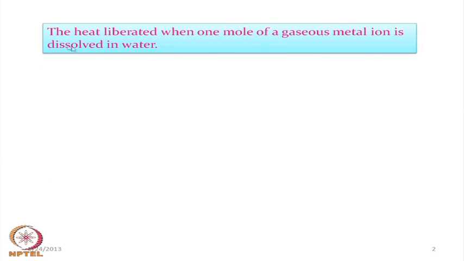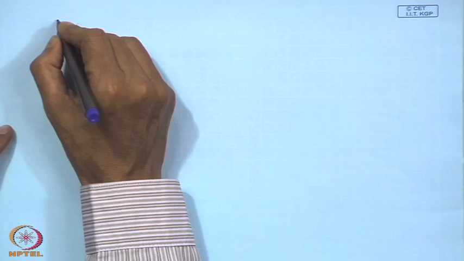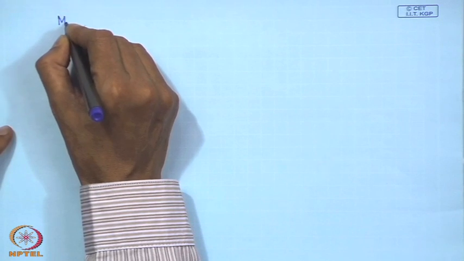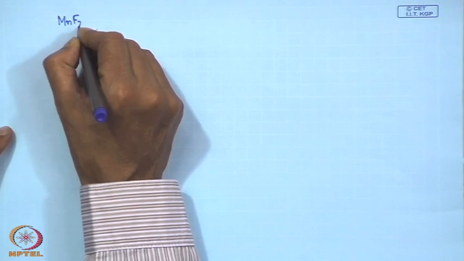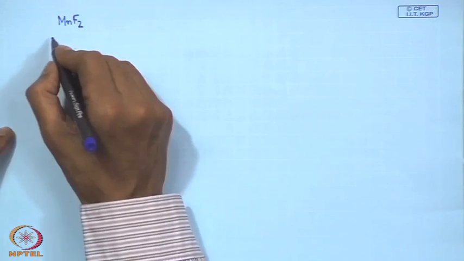So, we see that this can also be applied to the corresponding interaction of the metal ion with the water molecule, with which we started our discussion. In the solid state, as we have just seen, there is the formation of MnF2.